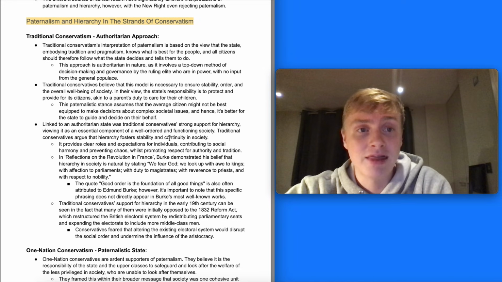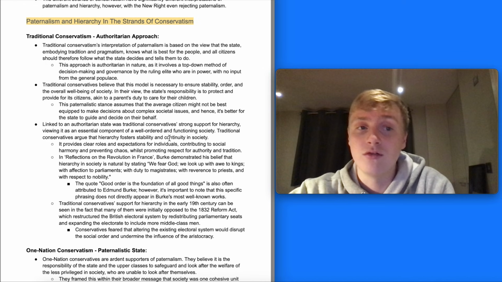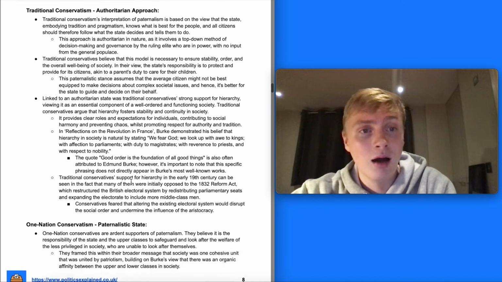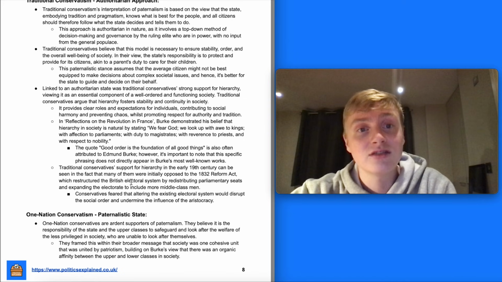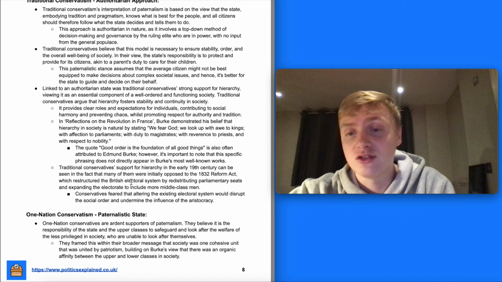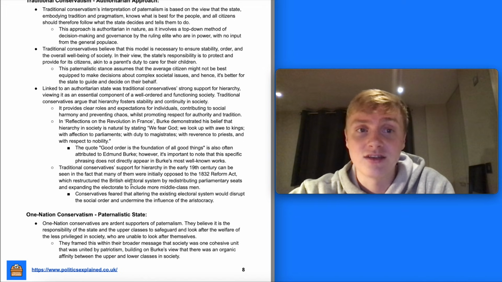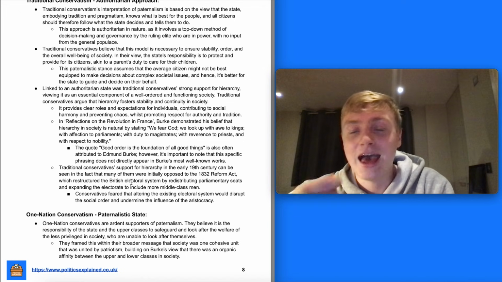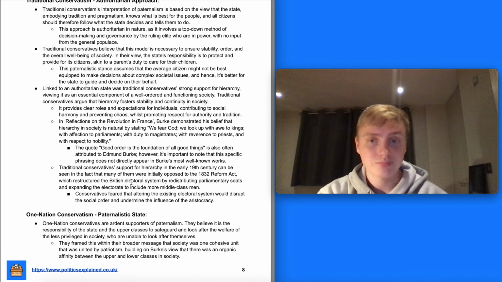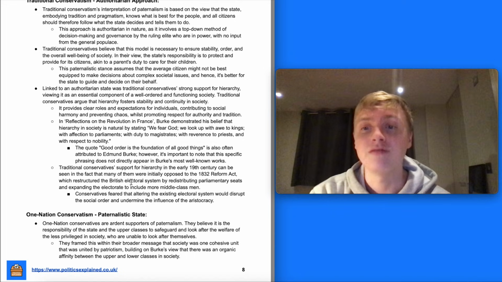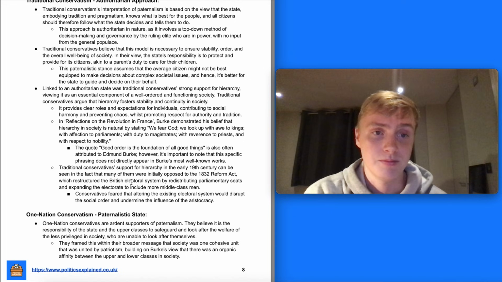It's top-down decision making and governance by the ruling elite who are in power, with no input from the general populace. They believe that this is necessary to ensure stability and order and the overall well-being of society. And in their view, the state's responsibility is to protect and provide for its citizens, akin to a parent's duty to care for their children. So that's where you see that paternalism coming in. It's an authoritarian version of paternalism.